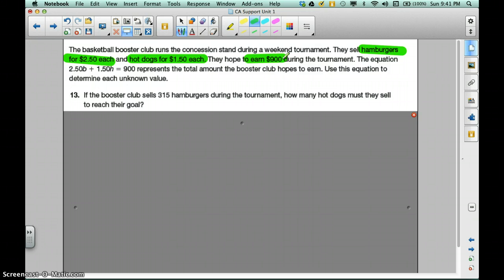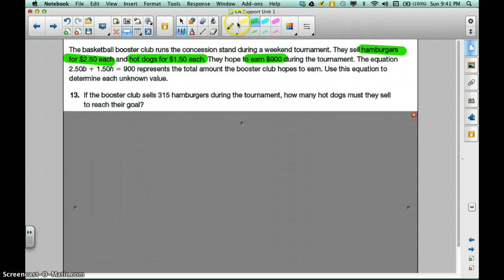So this is really like the last problem. They even wrote the equation, 2.50 times B, the number of hamburgers, plus 1.50 times H, the number of hot dogs, is equal to 900. So it's just what you would expect it to be, exactly like the last problem.